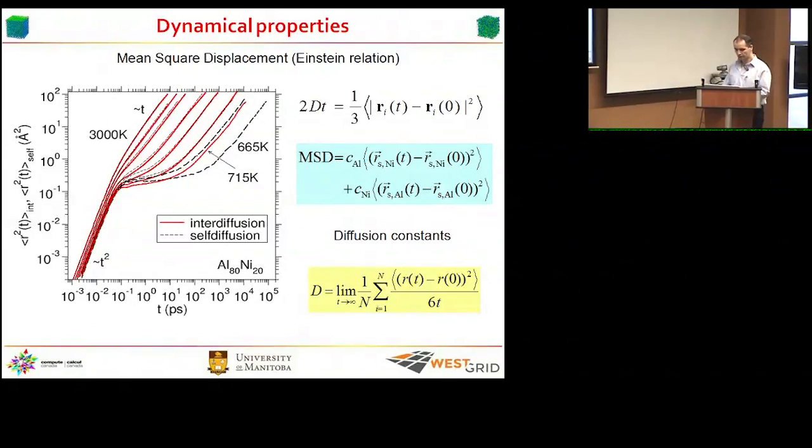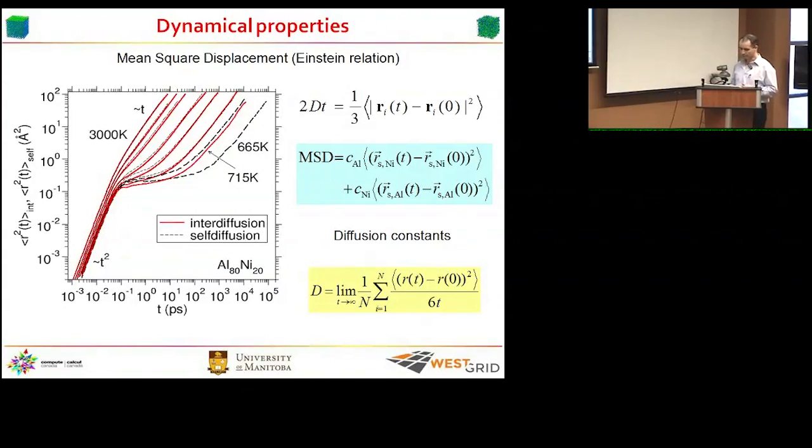If you are working at high temperature, the diffusion is very fast. If you are working at low temperature, there is a kind of plateau. Especially if you work on glasses, this plateau is very long.